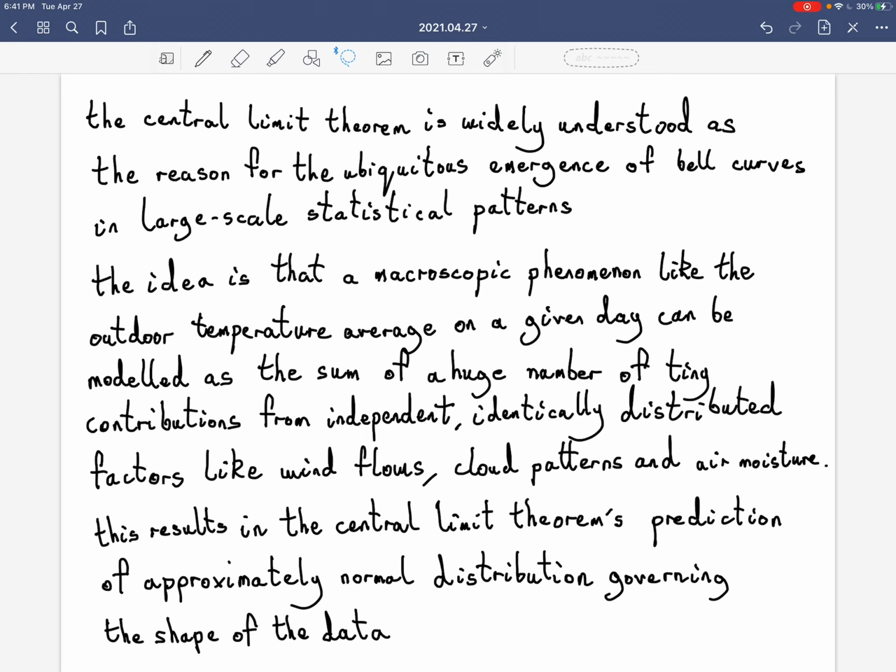And probably the most important is the idea that you can estimate a much larger population from a small sample if you use the small sample to figure out the mean and standard deviation.